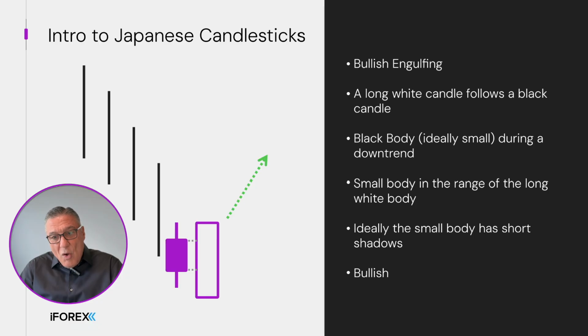Then a long wide body is formed, and this long wide body contains the previous body. So you see, this body is within this body of the long candlestick.